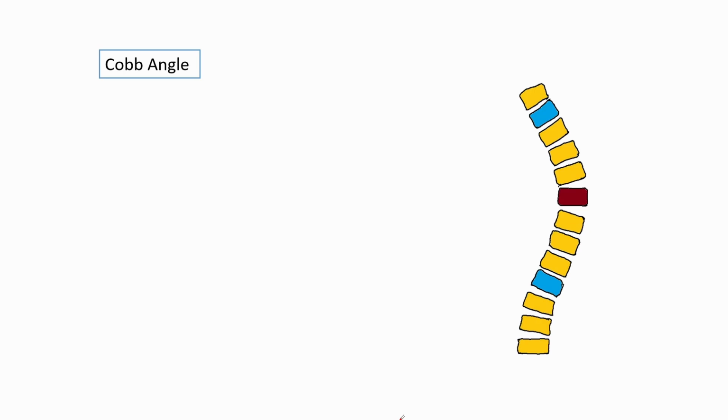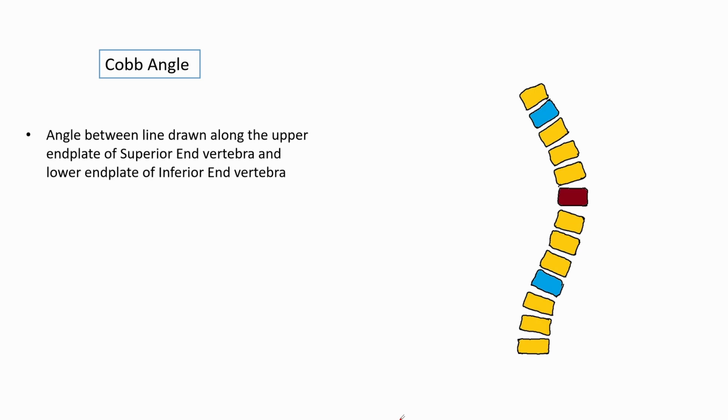Now let us see how we measure the Cobb angle. Cobb angle is the angle between a line drawn along the superior end plate of the upper end vertebra and the inferior end plate of the lower end vertebra. So what are these end vertebrae? End vertebra is defined as the most tilted vertebra towards the concavity of the curve.